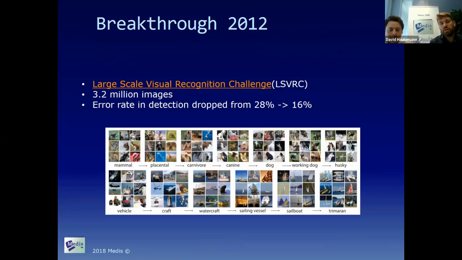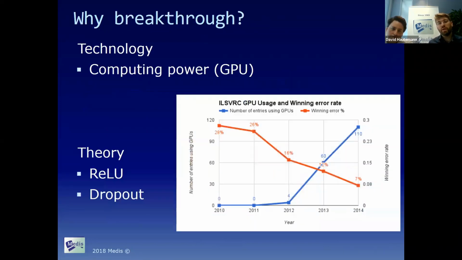It was a yearly challenge where a lot of people participated, and for years people were slowly getting better, but there were never big jumps until suddenly somebody dropped the error rate, which was about 28% at that time, to 16%. And that had a huge influence. The method used by the team that won this challenge was indeed neural network based, and it was trained on a very large number of images.